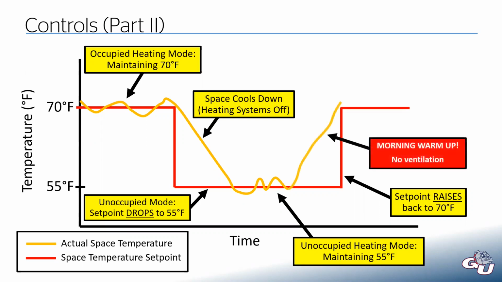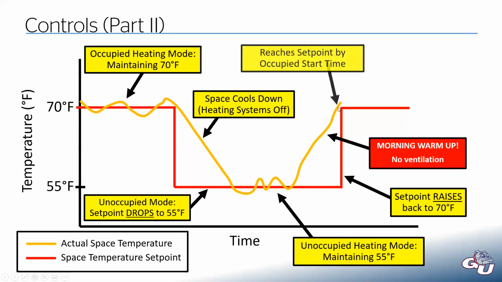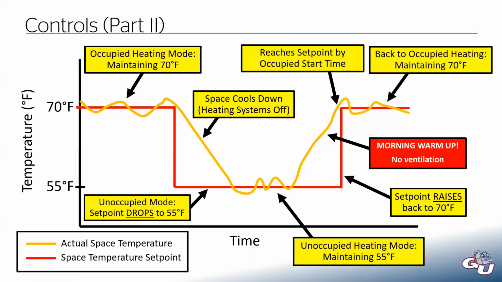So we have that morning warm-up period where we have to figure out some start time, right around here, where we need to kick on the systems in order to reach that point by the occupied start time. And then from there, we're back into occupied mode until this starts over the next night, or might go into the weekend to do the same thing. But that's what that morning warm-up would look like in actual practice.